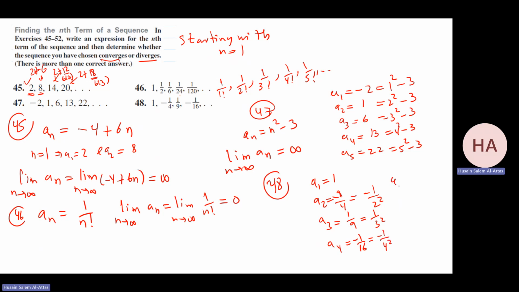So what is my a_n? It will be minus 1 to the power n plus 1, over n squared.